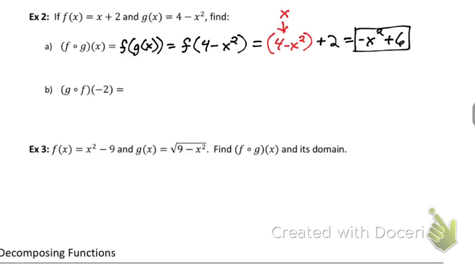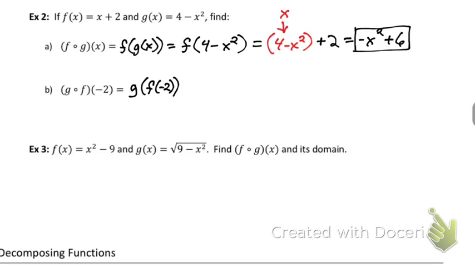Our next one, we're doing g of f of negative 2. We're going to do this in 2 different ways. Whatever way makes sense to you, do it that way. All right, the first way is to look at what it means mathematically. So it's saying g of f of negative 2. So we are taking negative 2 and plugging in for our x of our f of x.